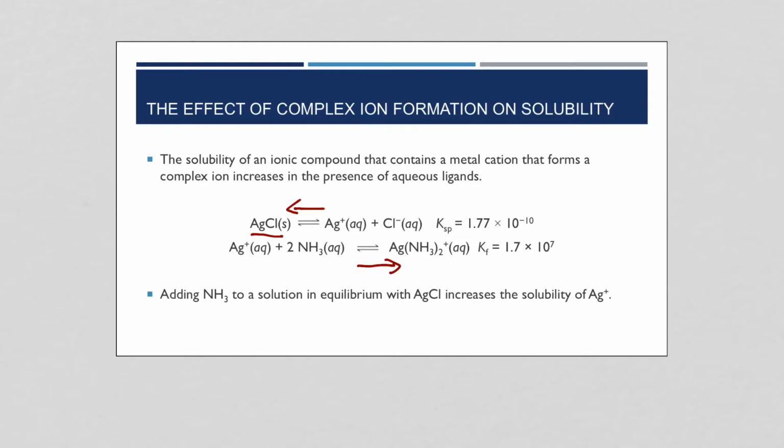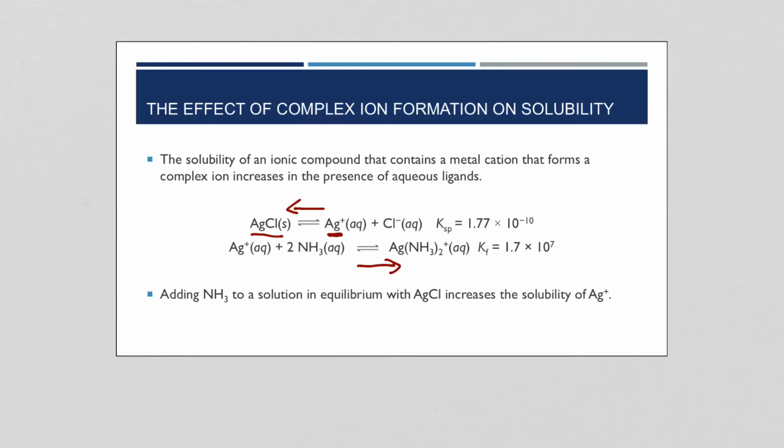So by combining these two ideas, what we can do is force more of this ionic compound to go into solution by taking advantage again of Le Chatelier's principle. So if we add ammonia to this, it's going to complex with this silver ion. So in other words, it's going to remove the silver ion from solution by forming this complex.